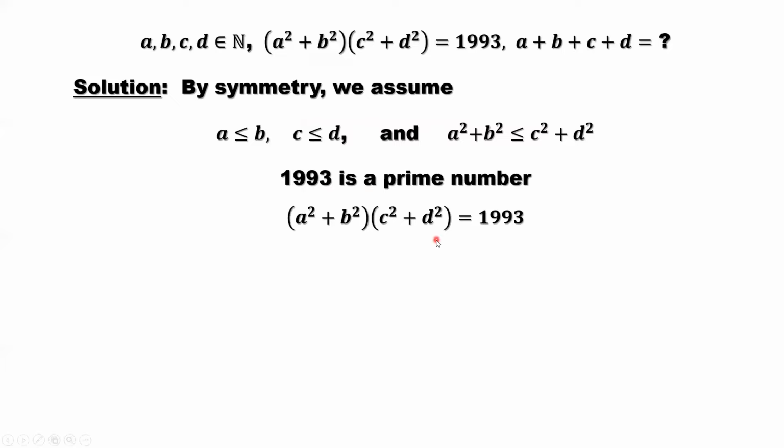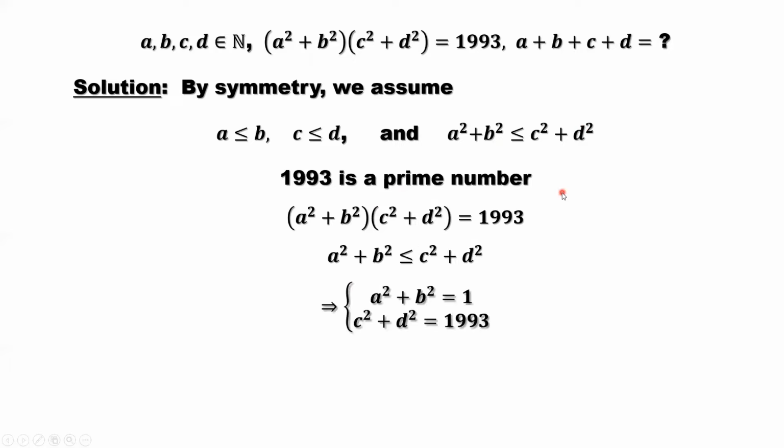Given this information, because the first factor is less than or equal to the second factor, based on our assumption, the first factor must be equal to 1, and the second factor must be equal to 1993.